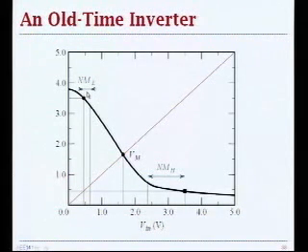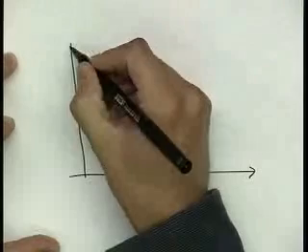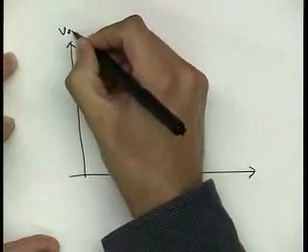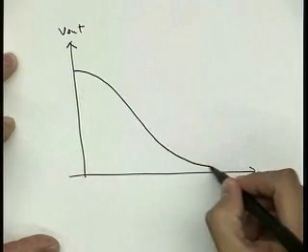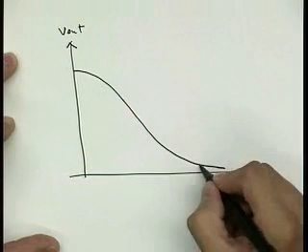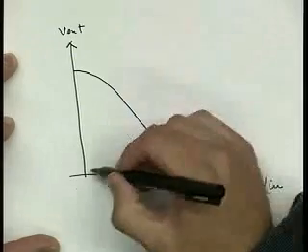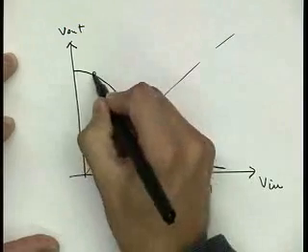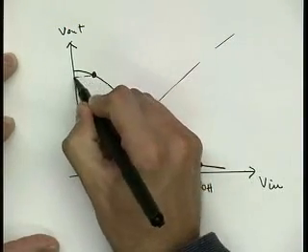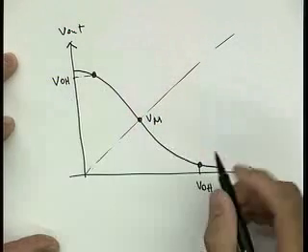So let's do a little exercise here on the overhead just to refresh what we've just discussed today. So if you have Vout, and this is your Vin, this is your voltage transfer characteristic. If this was defined as VOH, then we have this VM, and then we also have VOH.